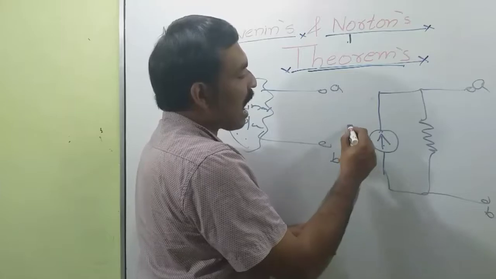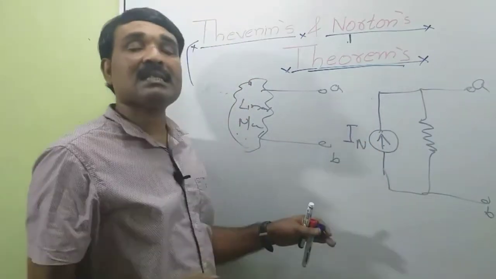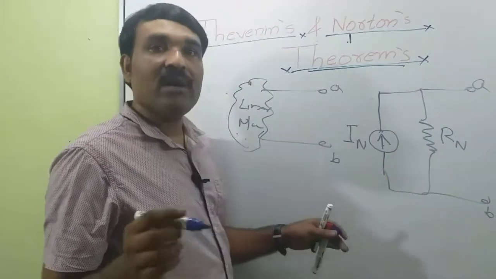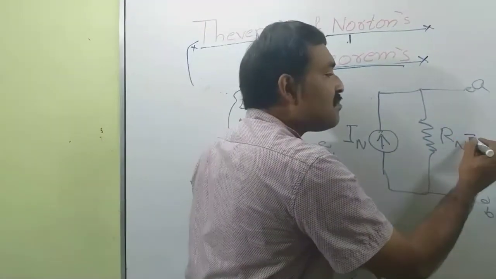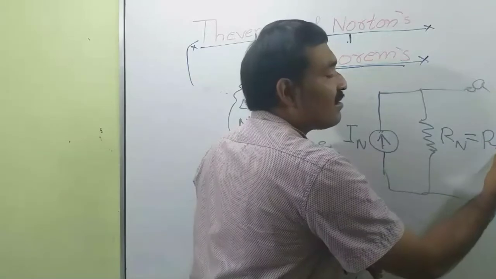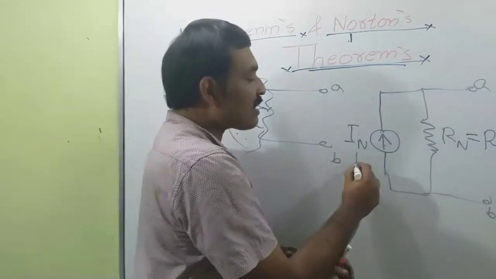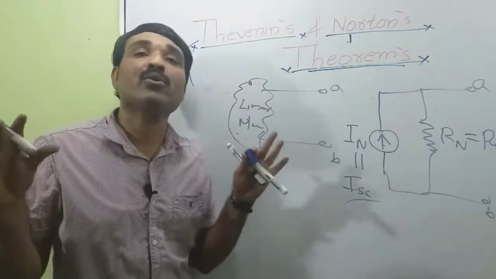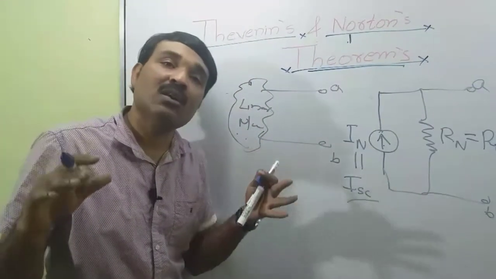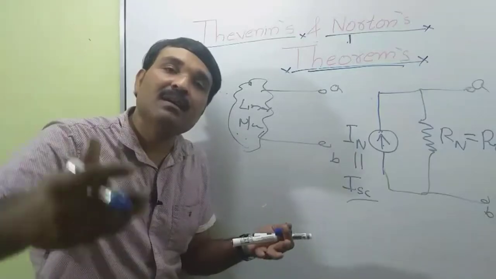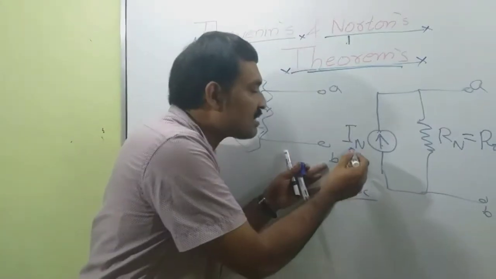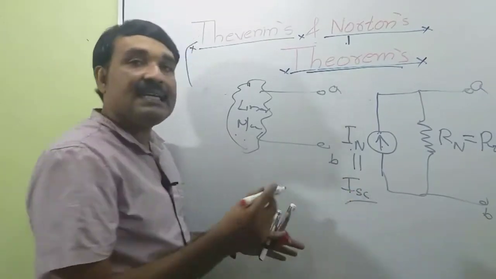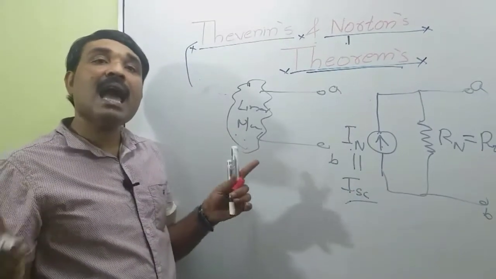This current is called IN, that is, Norton's current, and this is called Norton's resistance RN, where Norton resistance RN is the same as the Thevenin's equivalent resistance RTH, and Norton's current is ISC, the short circuit current through the load. We short circuit the load and obtain the current passing through that path, that is, Norton current or ISC. We have a direct relationship between VTH, IN, RN and RTH.